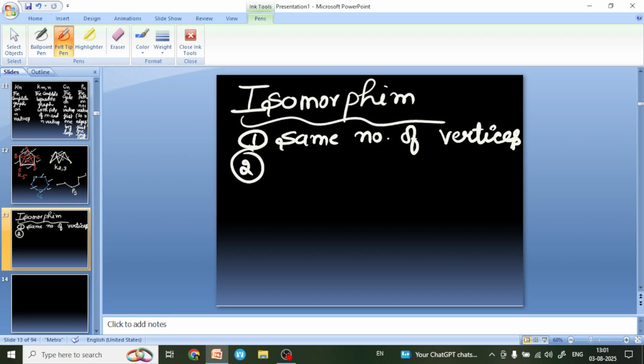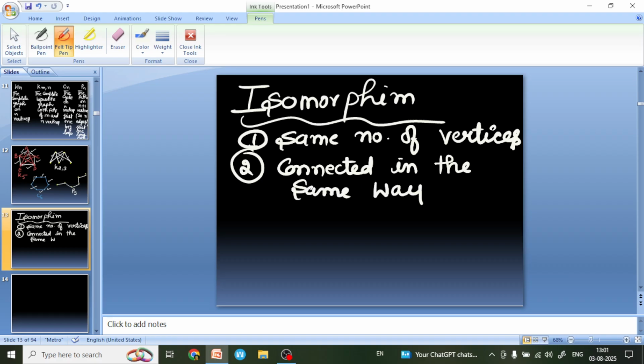Second, connected in the same way. Are known as isomorphism. There are two conditions. First is two graphs which include the same number of graph vertices and connected in the same way are said to be isomorphic.